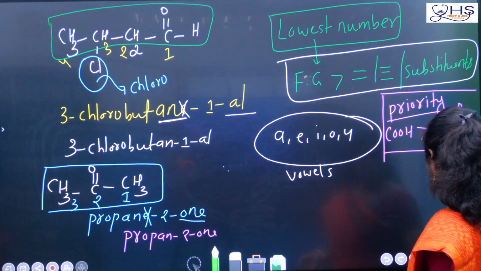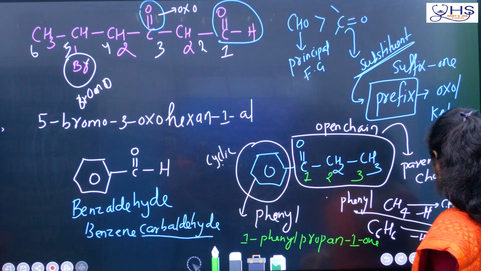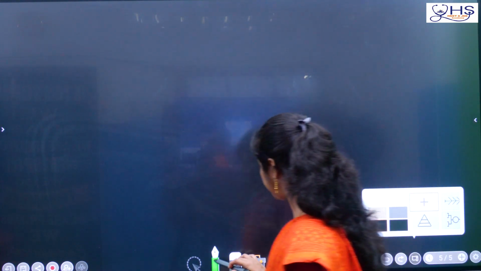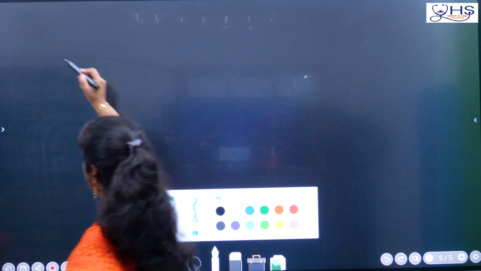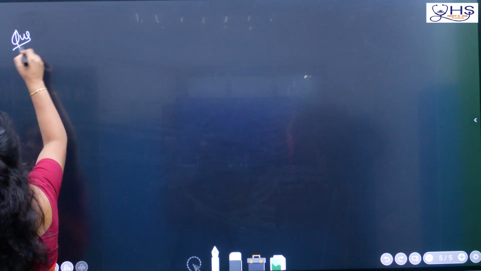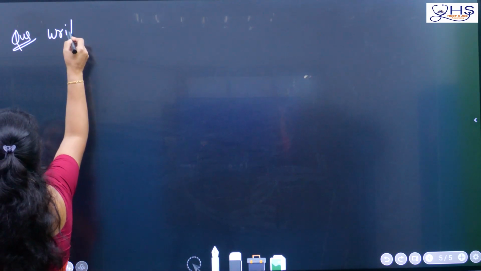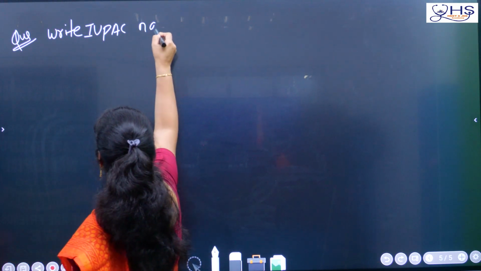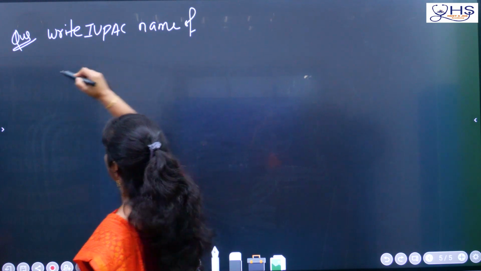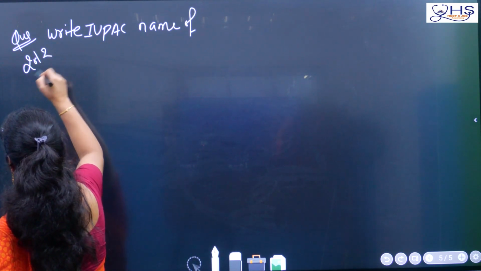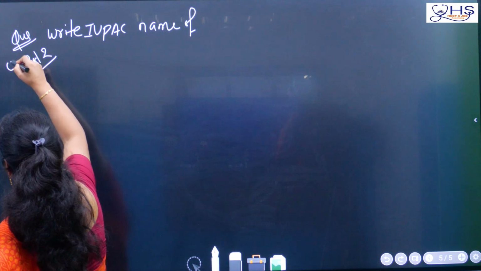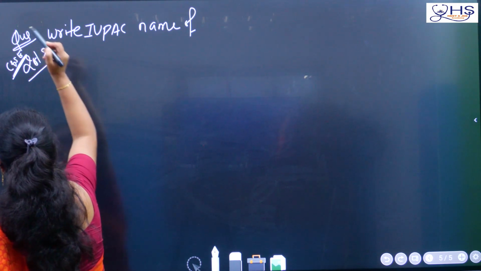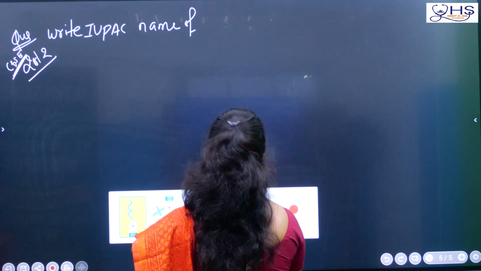Okay, we will be seeing this. For example, the question: write the IUPAC name of CH3-CH=CH-CH2-C(=O)OH. This is a CBSE 2012 All India question.